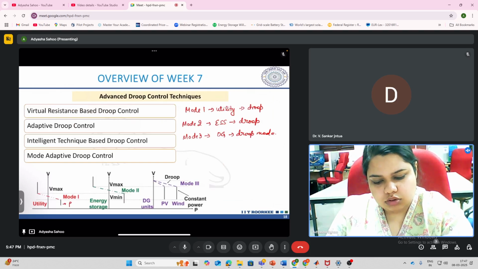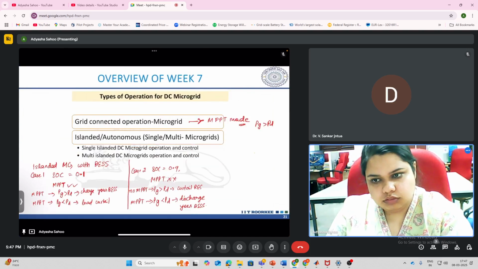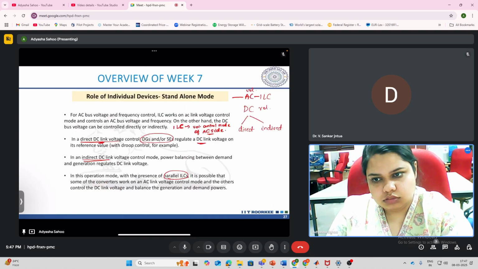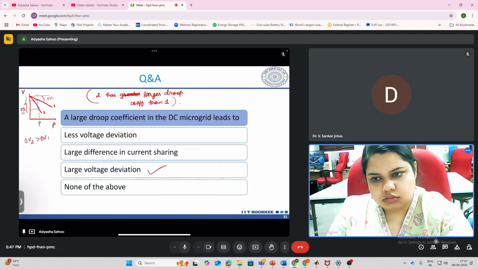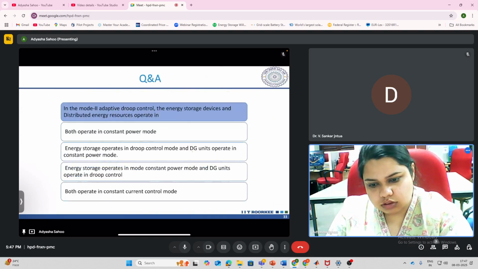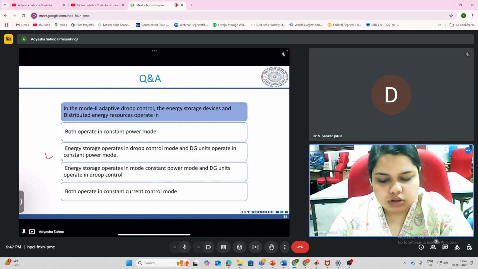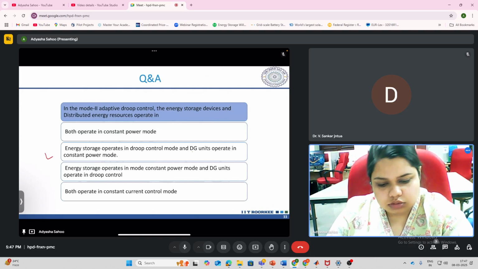In mode 2, energy storage is in droop mode and DGs will be in constant power mode.